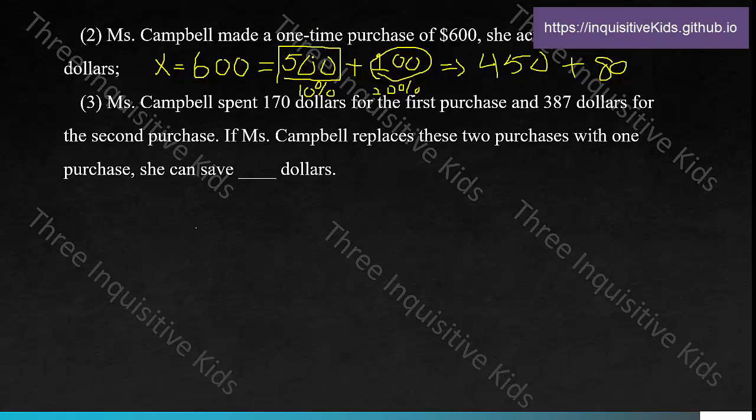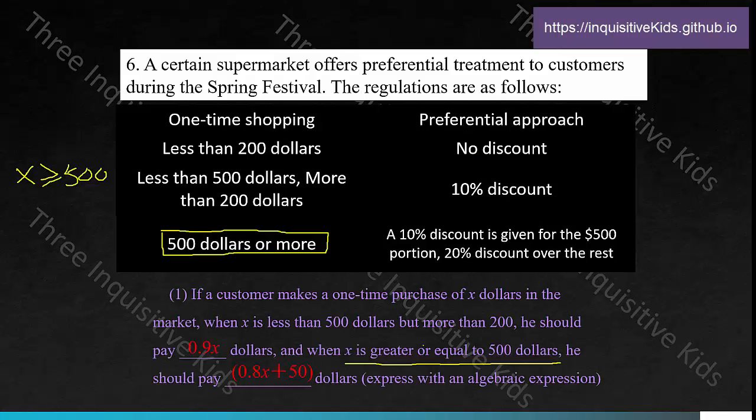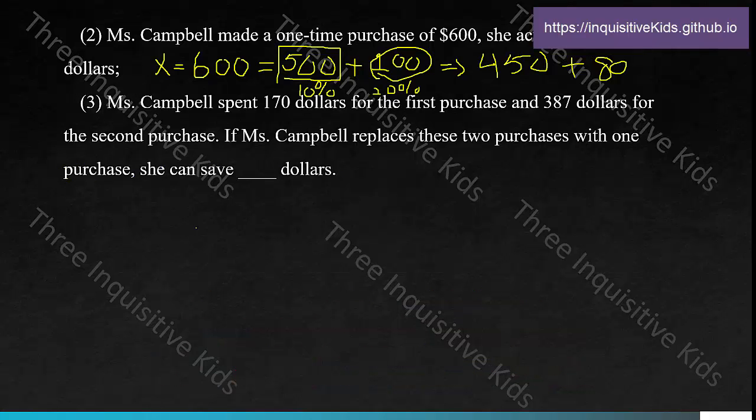Okay, so we first have $170, and we want to see what scenario that falls in. Well, that's less than $200. So that means it's going to be no discount. It's still $170.